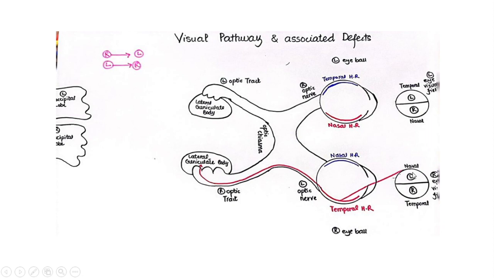As this is already the right eyeball and the right optic nerve, it doesn't need to cross. It will remain on the same side, and it will form the right optic tract and end up in the lateral geniculate body.